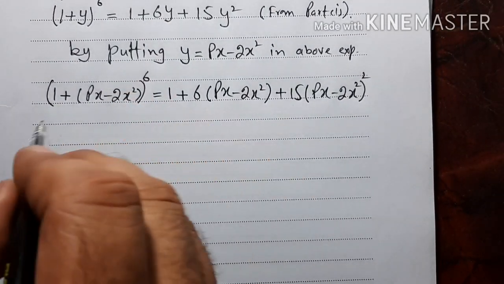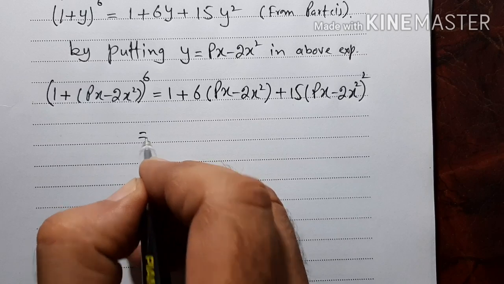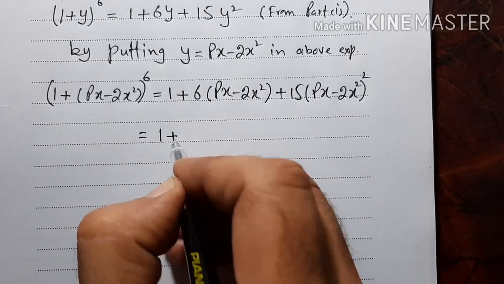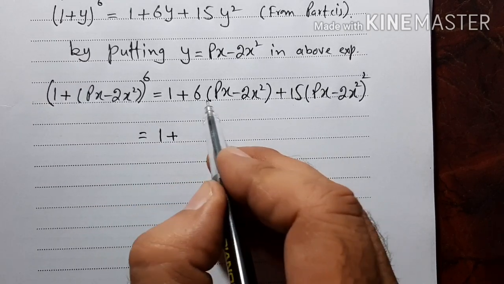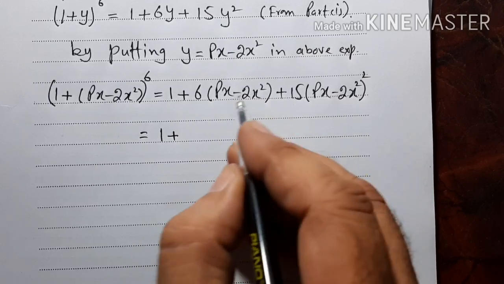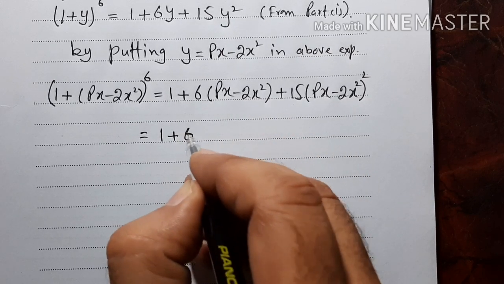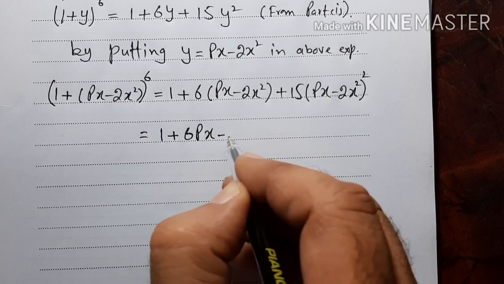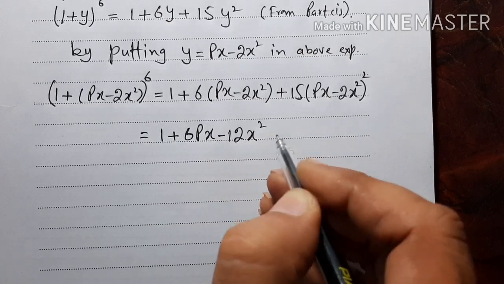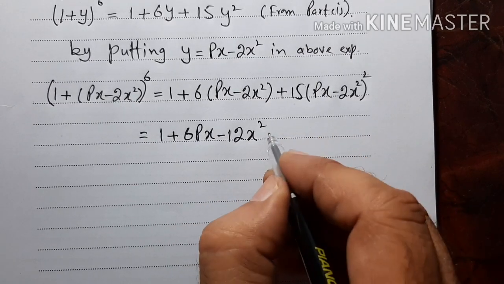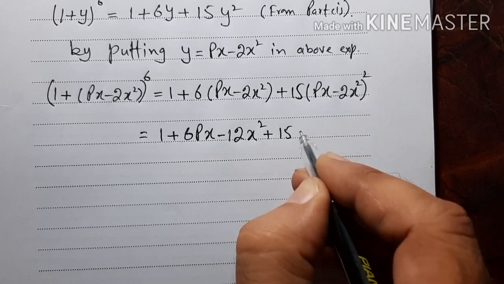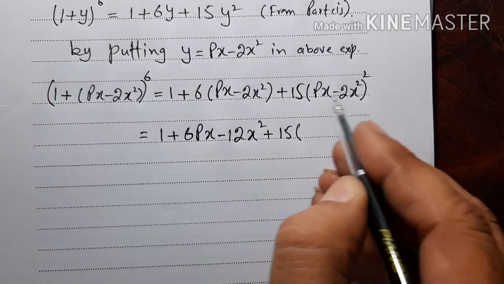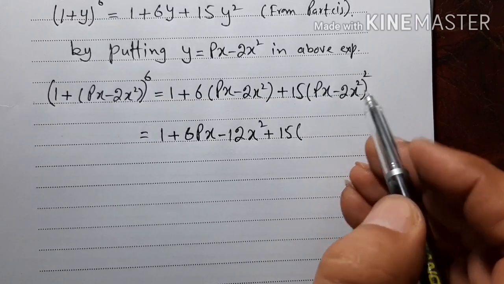Now this will become 1 plus, I'll multiply 6 by the inner expression, 6px minus 12x square plus 15. I'll open this one with the identity (a minus b) whole square.